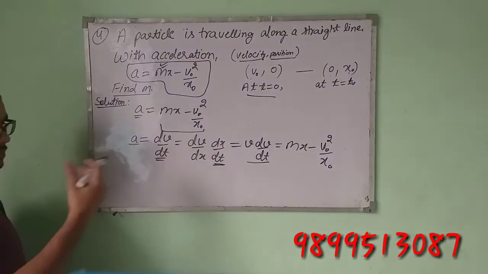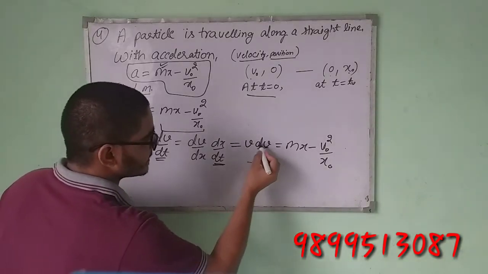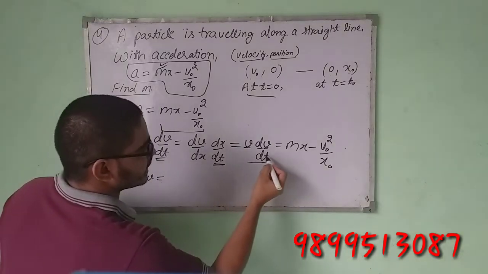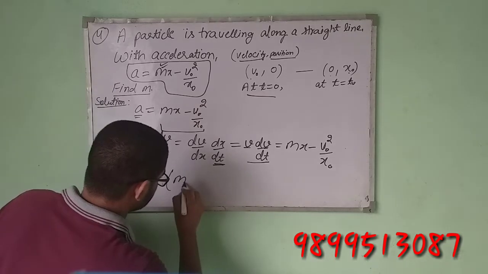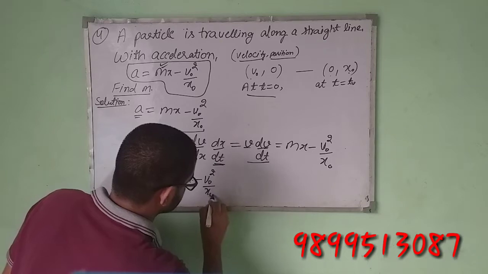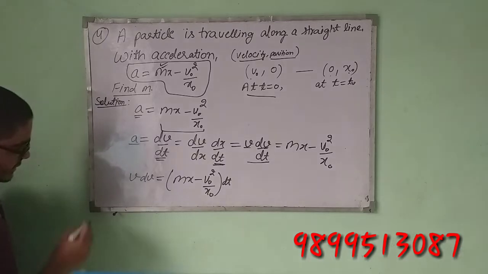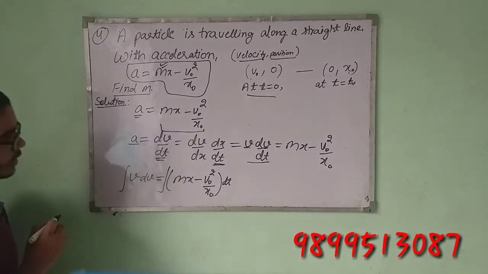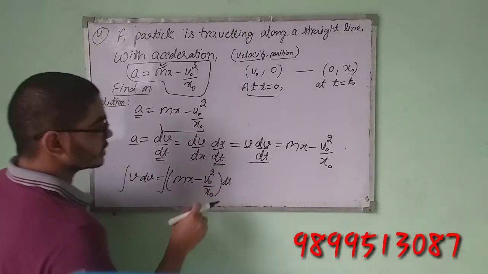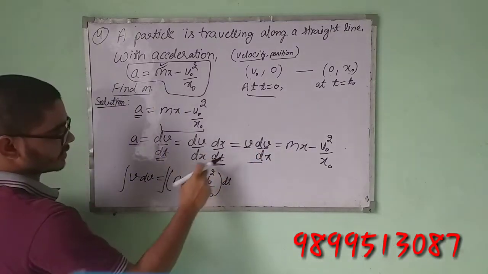Now this one is v dv. Let's take dx to that side, that is mx minus v naught square over x naught into dx. Sorry, this is x, I made a mistake, because dx over dt is v.